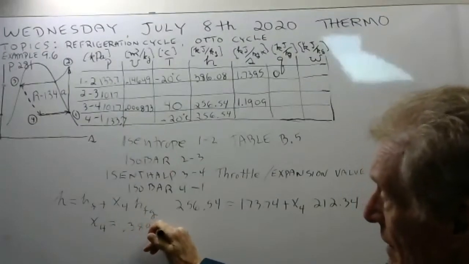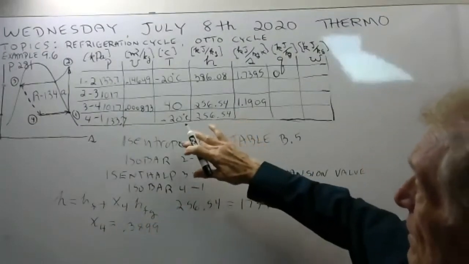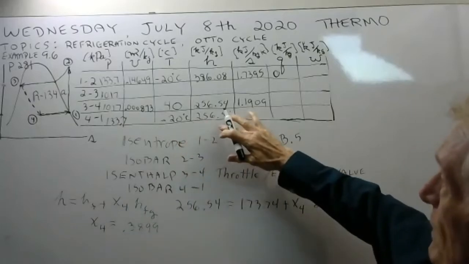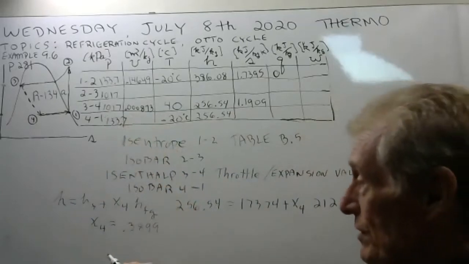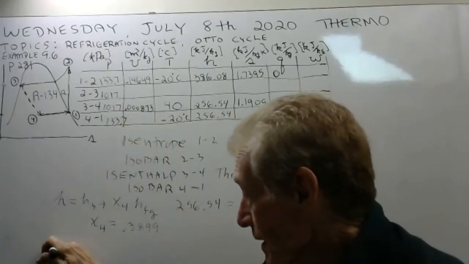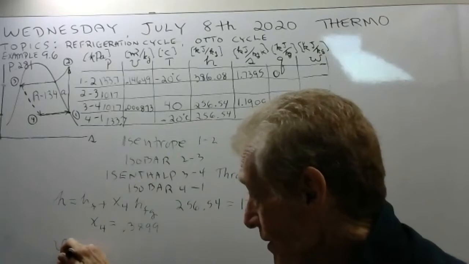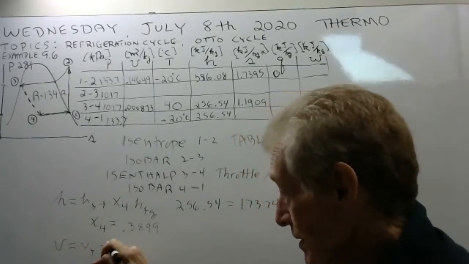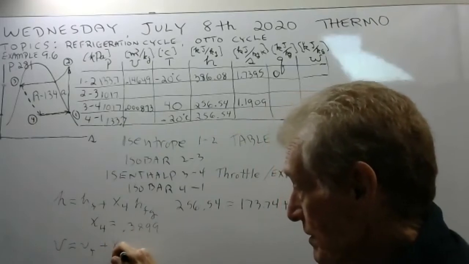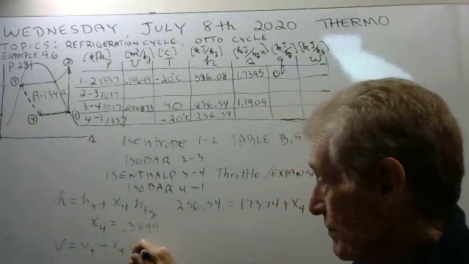Now, see, with that, we can get the specific entropy and the specific volume. So that's what we're going to do now. The specific volume is going to be vf, you can look it up, plus the quality at 4 times vfg.